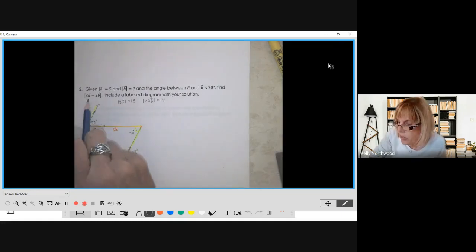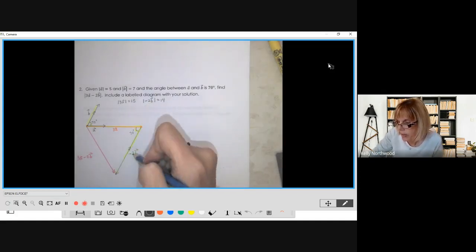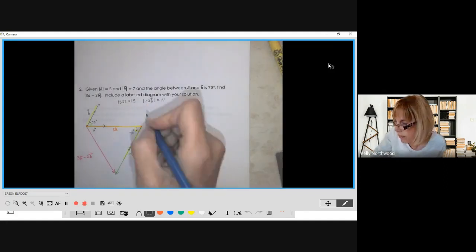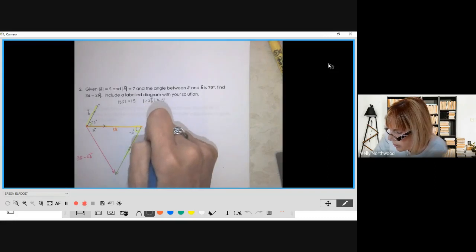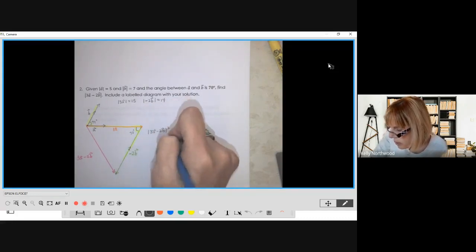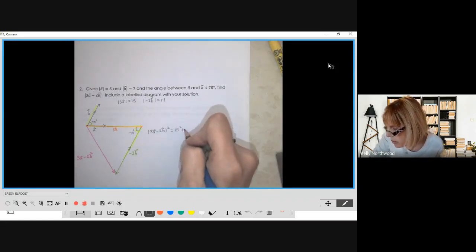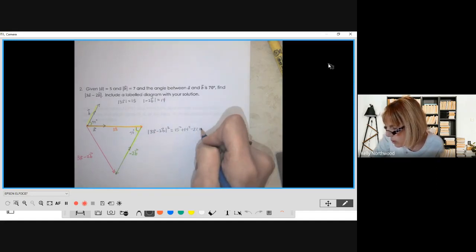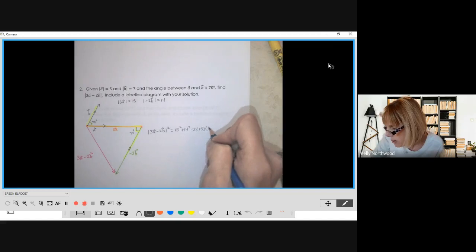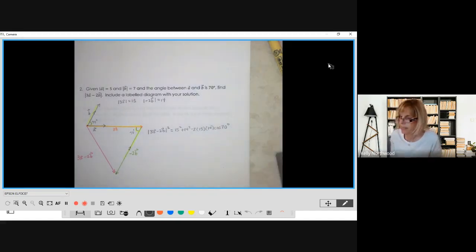And they want the magnitude only of vector 3a minus 2b. So we know the side, angle, side, so we can use cosine law. So the magnitude of vector 3a minus 2b squared is equal to 15 squared plus 14 squared, subtract 2 times 15 times 14 times the cosine of 70 degrees, using the cosine law.